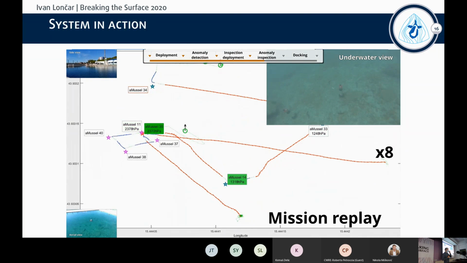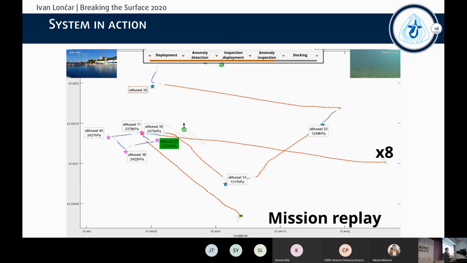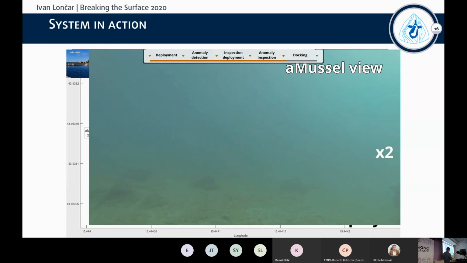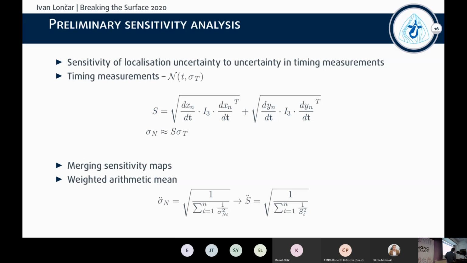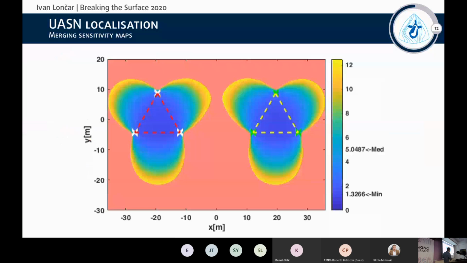Yes, that's it. So the next step would be from these distances to calculate the agent position, right? Yes. And I'm interested in how you do this. I don't have the exact formulas here, but there is an exact solution.